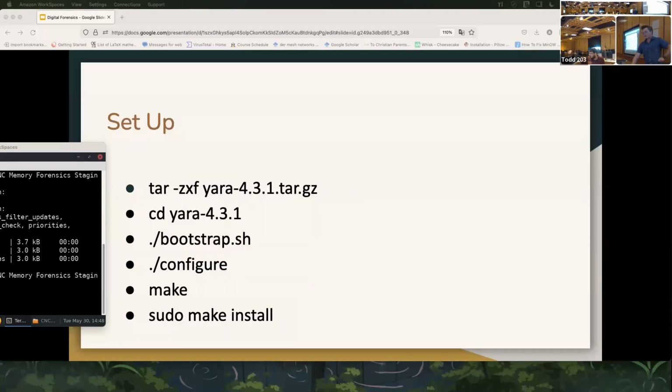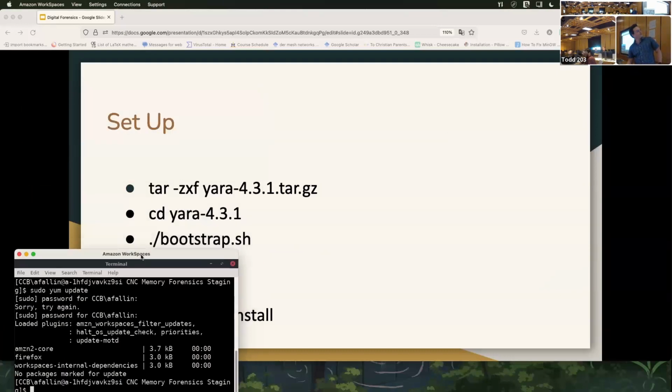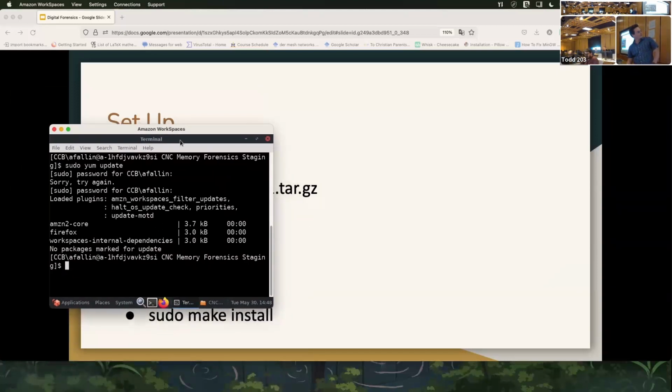Cool. So we want to use our cd, our change directory, to go to where this file was downloaded.